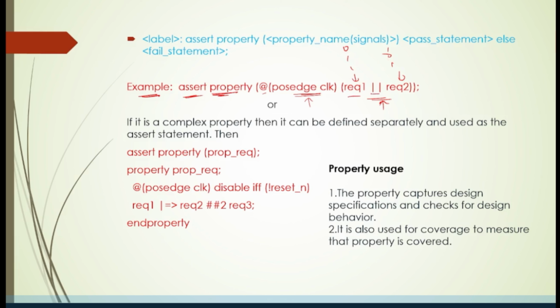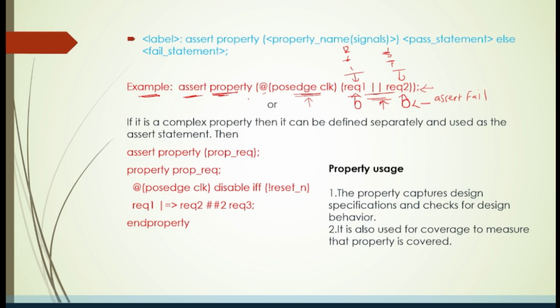In the cases where at least one is high, the assertion passes. If both request1 and request2 are 0, then the assertion fails. This is the condition for this particular assertion.